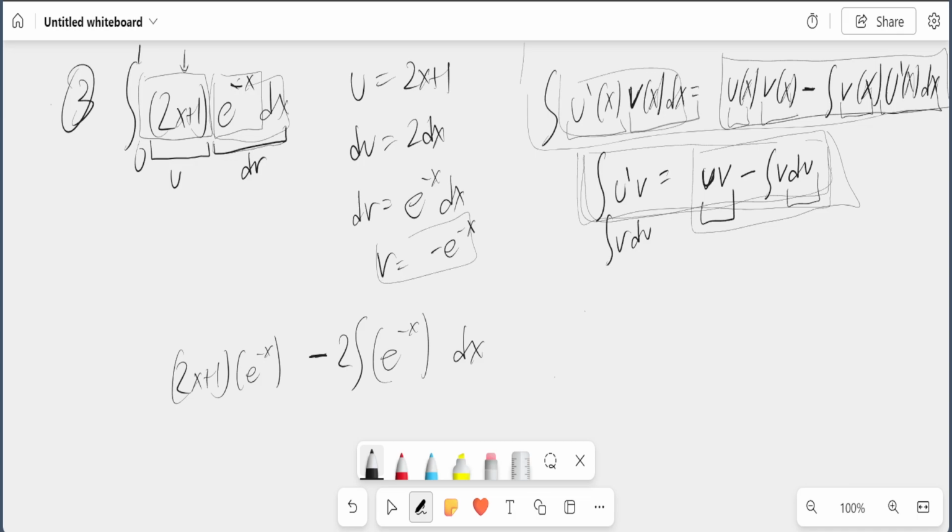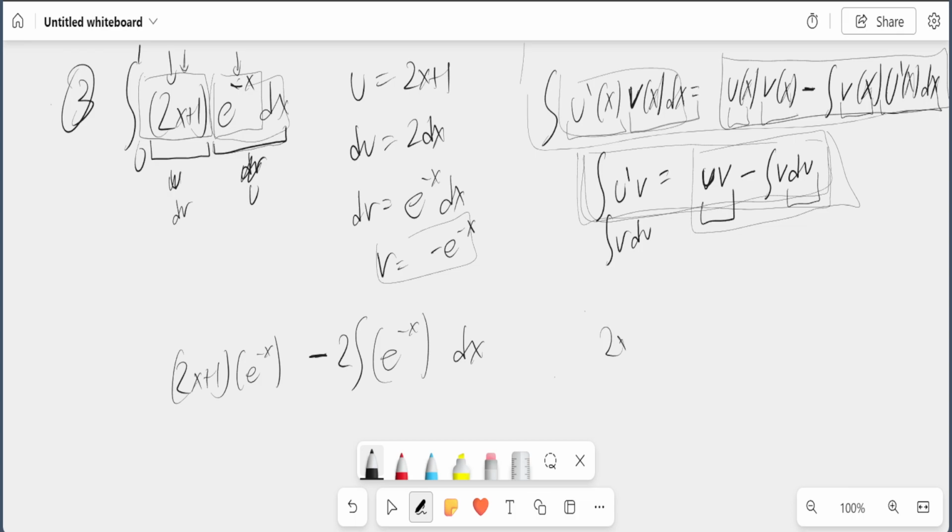If we call this u and then call this dv, this function would get increasingly complex, and this function stays the same. So that doesn't really help us, right?